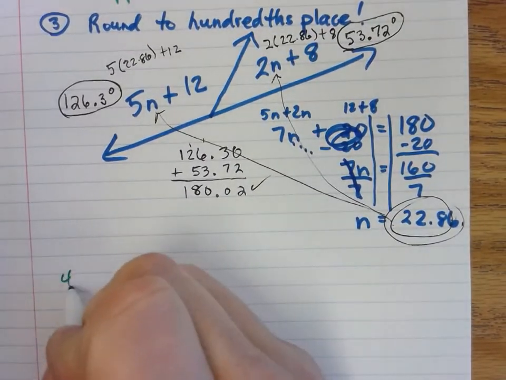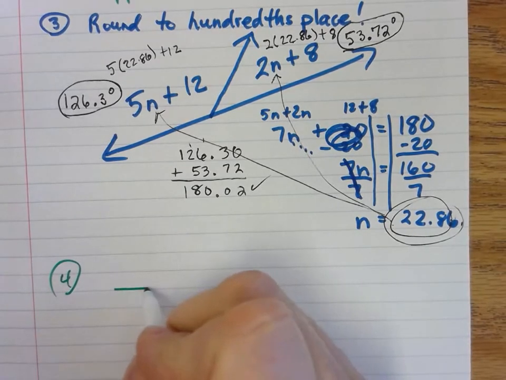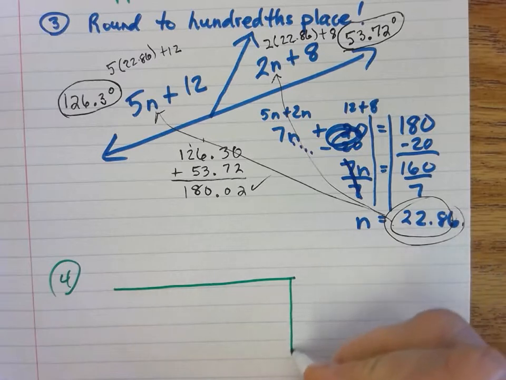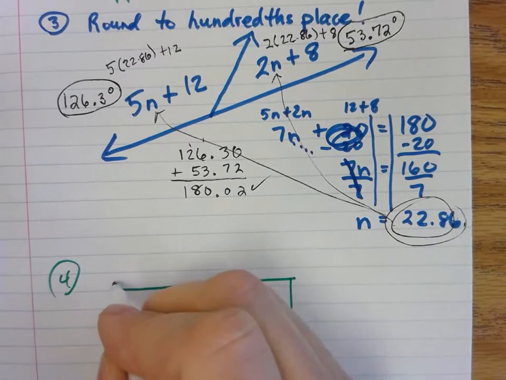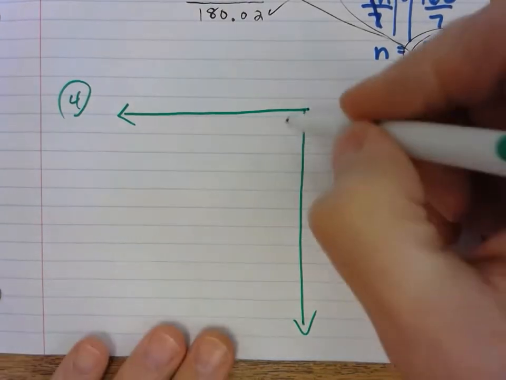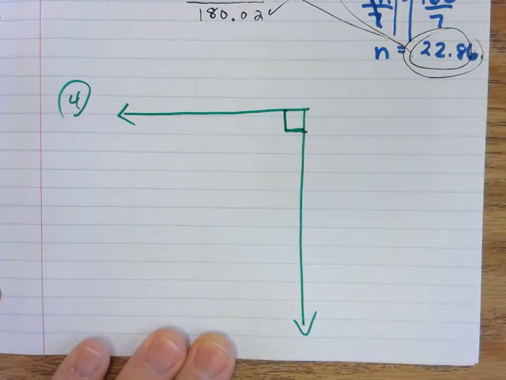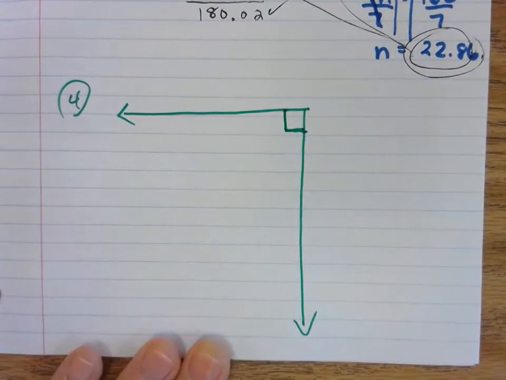All right. Okay, let's come down here and let's try one like this. Let us say you have the picture and it is like this. In the corner we have a square box here, of course indicating that it is a right angle.